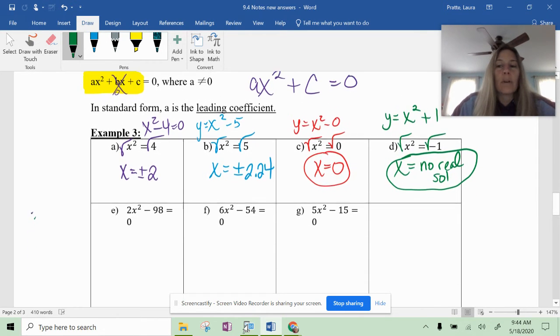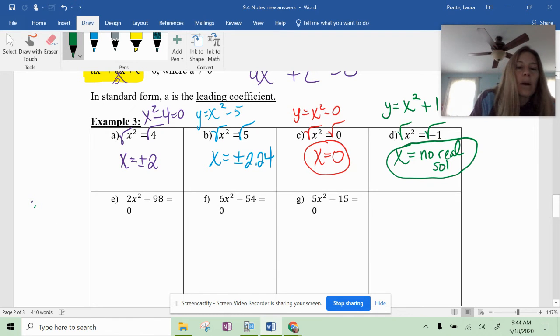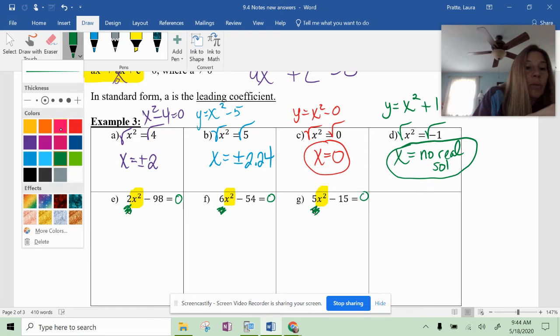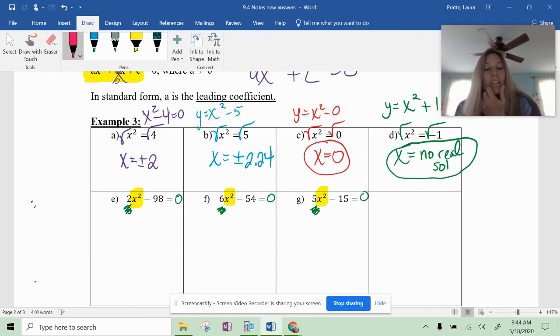Okay, so now moving on to the next row, and I guess my columns were not big enough, so the zeros kind of got bumped down here by accident. Okay, so what we want to do is get these x squareds by themselves. If you just remember back to like September when we were solving equations, how do you get that variable by itself? Well, usually we do our addition and subtraction first.